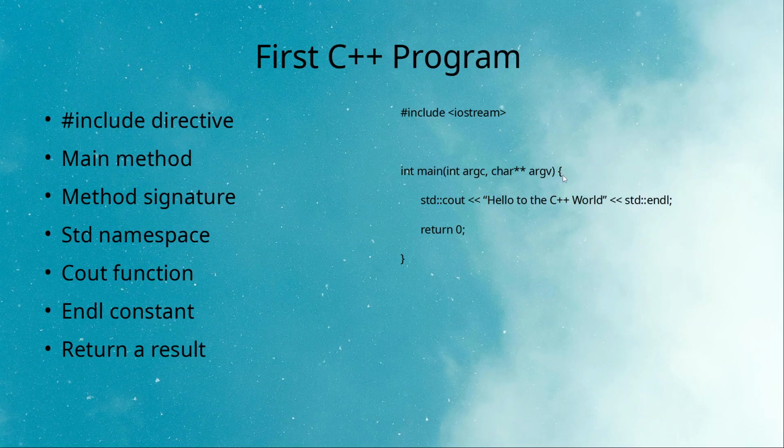And the important thing is that the body of the main method is written inside these curly braces. So this whole strange looking thing is known as the method signature, including the name of the method, which is main in this case, and the return data type, which is integer in this case.